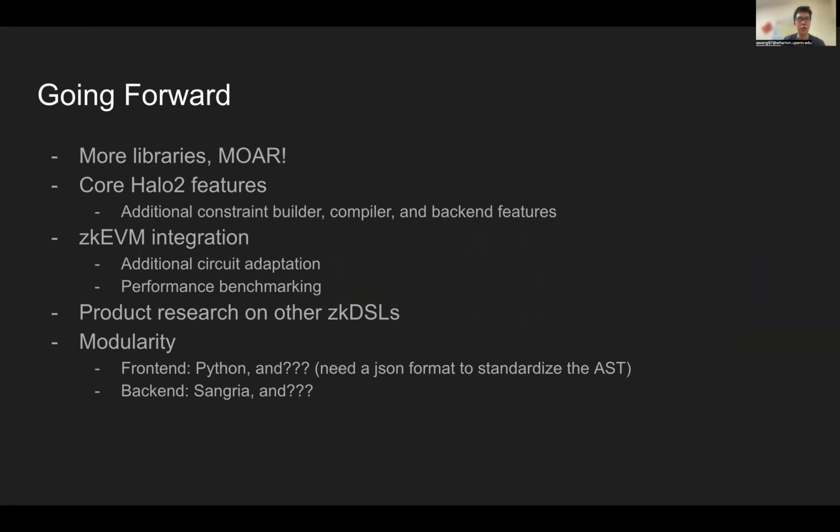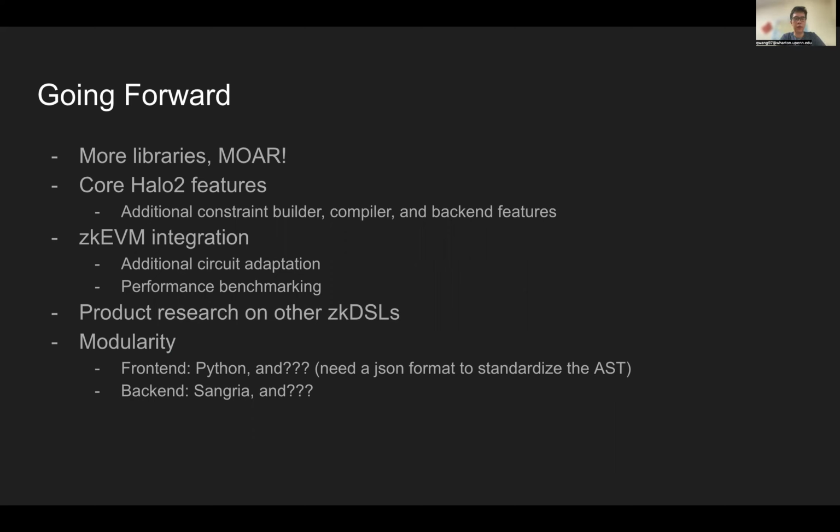Additionally, we also try to pitch this project to the ZKVM team, and hopefully can integrate additional circuits, not just the bytecode example we have so far, and hopefully also conduct some performance benchmarking for plain Halo 2 versus Chiquito.